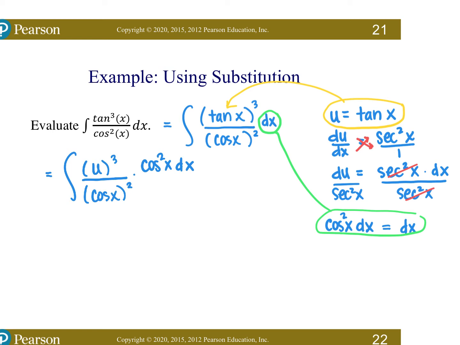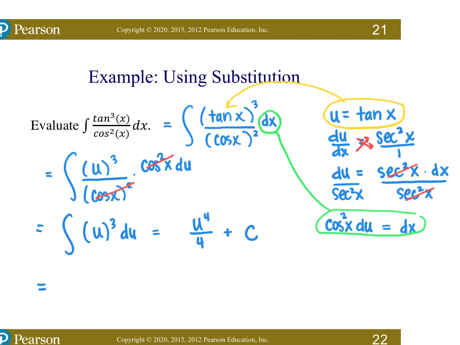I wrote it wrong in both places, so fix that. That should be a du right here. Okay, then we reduce. Our cosine squared x is going to reduce the cosine squared x, leaving me with simply u cubed du, which is what we had last time. And so we end up with u to the fourth over 4 plus c.